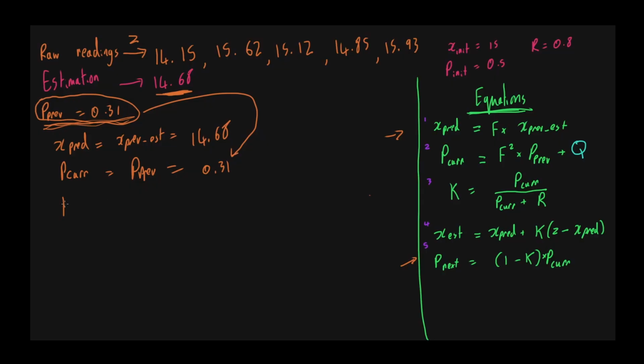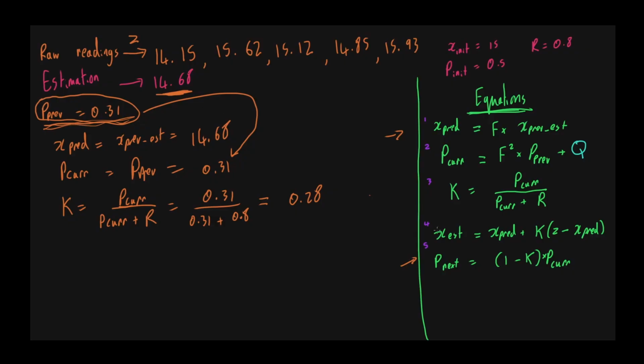Okay, next is Kalman gain, which equals P current divided by P current plus R, which is just 0.31 divided by 0.31 plus 0.8. That equals 0.28. If my calculations are right, 0.28.